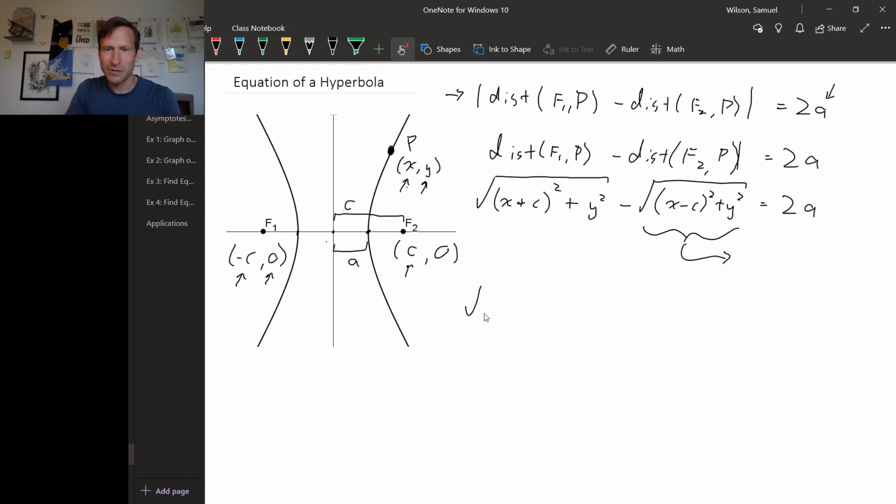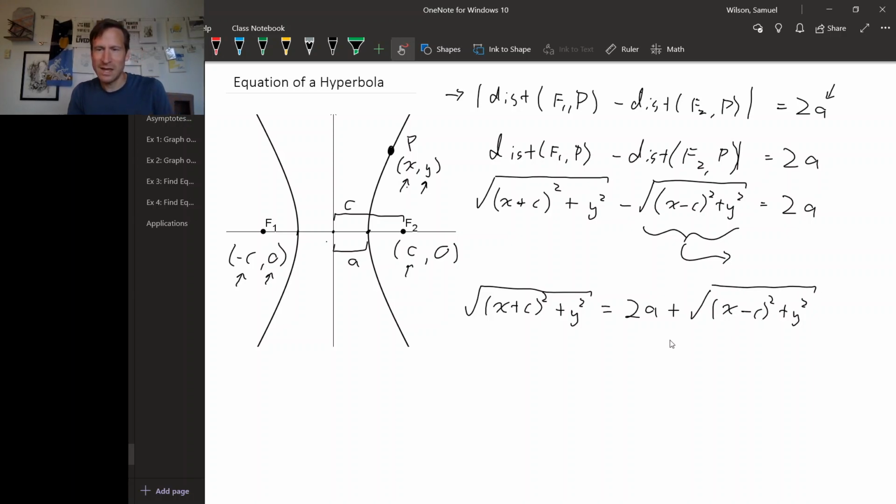So we get the square root of x plus c squared plus y squared, all of that in a square root, equals 2a plus the square root of x minus c squared plus y squared. Okay, and to get rid of some square roots, we need to square both sides.